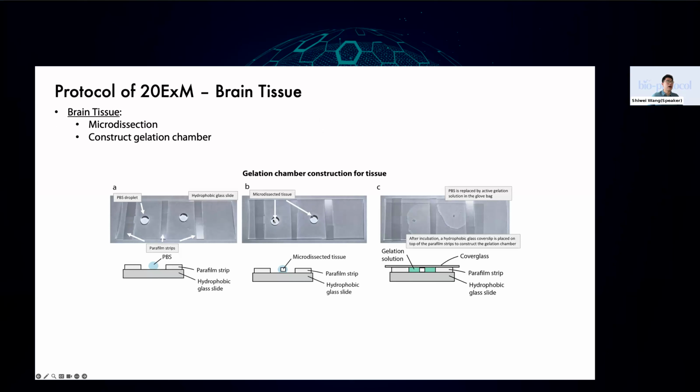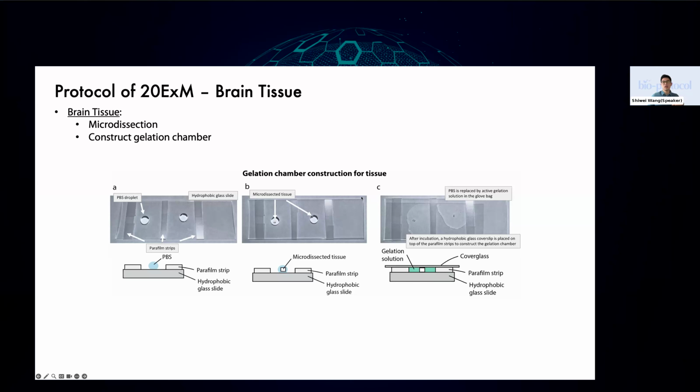And so after this is gelled, you will still need to use the imaging plate because it expands a lot. Essentially, it's a similar idea of constructing the gelation chamber, but slightly easier. You just need a hydrophobic glass slide with parafilm strips, and you put 2 drops of PBS on top, and you just want to put the microdissected tissue inside the droplet.